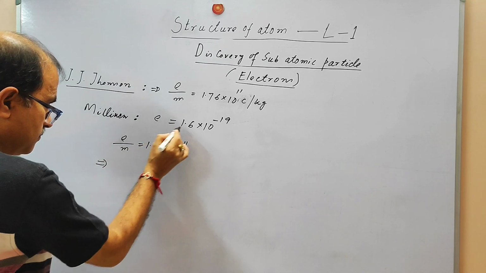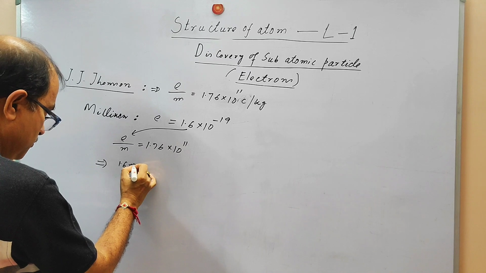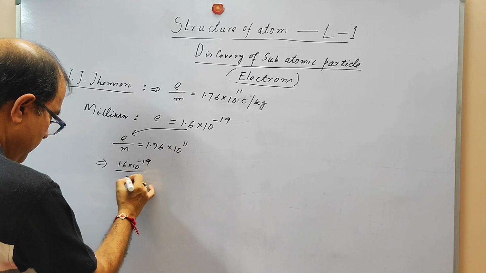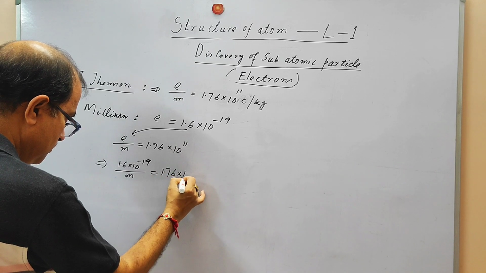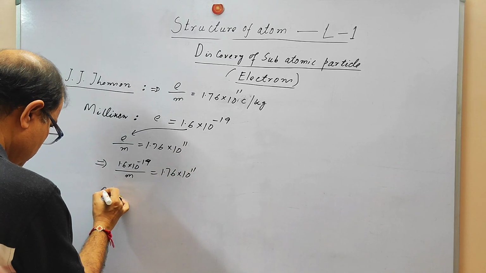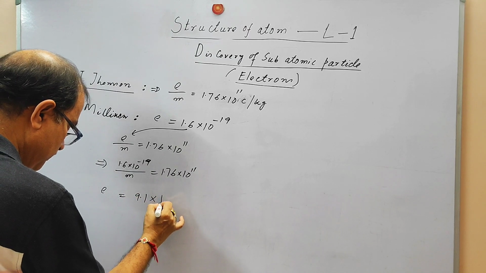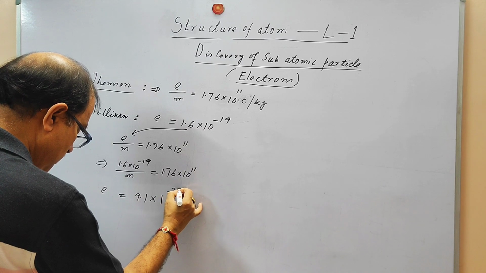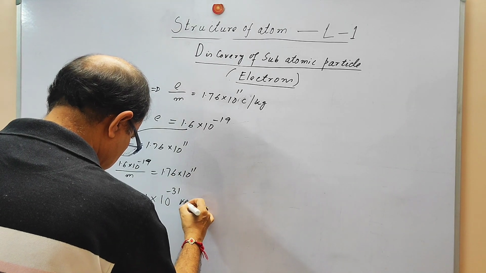So we are putting this value here, which will come out as 1.6 into 10 to the minus 19 by m equals 1.76 into 10 to the power 11, and it will come around 9.1, and you can calculate yourself, into 10 to the minus 31 kilo.